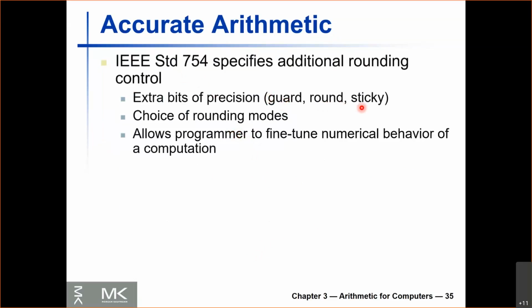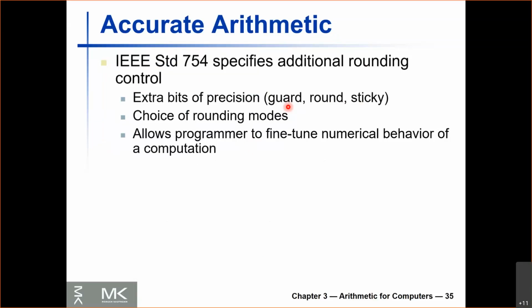So basically, what they do is they tell you to intermediately have these additional bits in your hardware. So basically, if you're doing 4-bit addition, for example, you'll keep 5 or 6 bits around intermediately, and then at the very end convert back to 4.